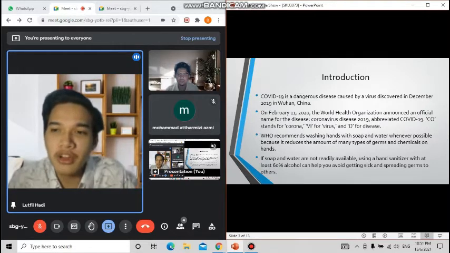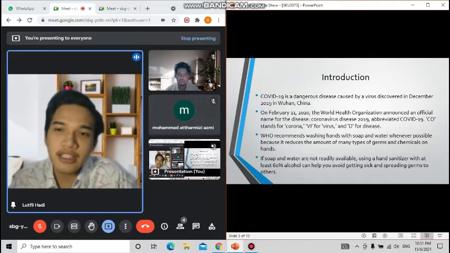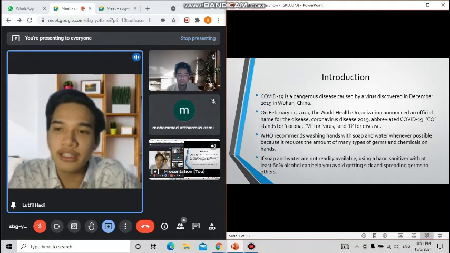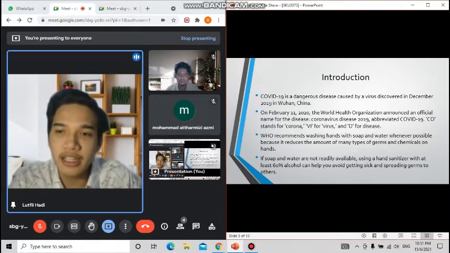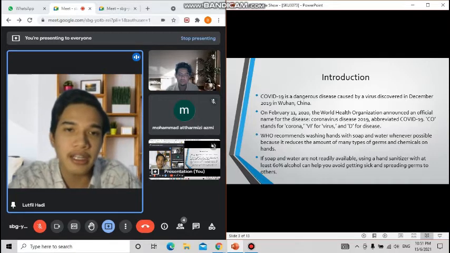CO stands for corona, VI stands for virus, and D stands for disease. The viruses that caused COVID-19 are a large family of viruses that can infect people and many animals.